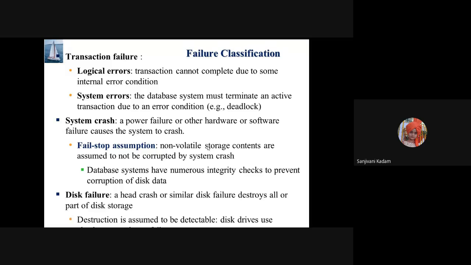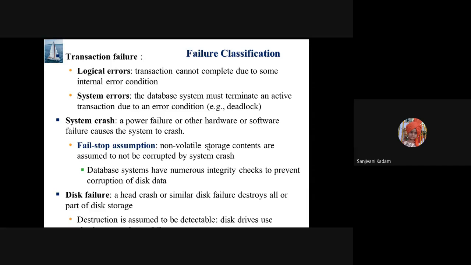So the fail stop assumption says that whatever data we are storing onto the secondary storage does not get corrupted by this system crash. Even though today I'm facing a RAM problem, that is, my RAM is not working, or my OS got corrupted, I can go for a formatting of my machine, but whatever data is available on my secondary disk or secondary drive will be available.